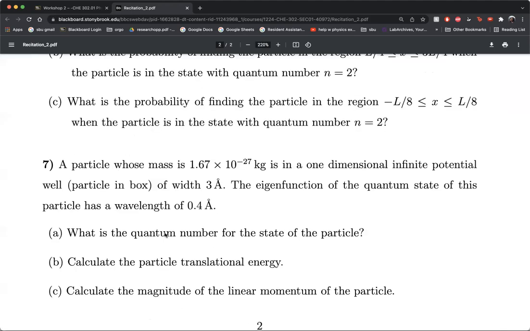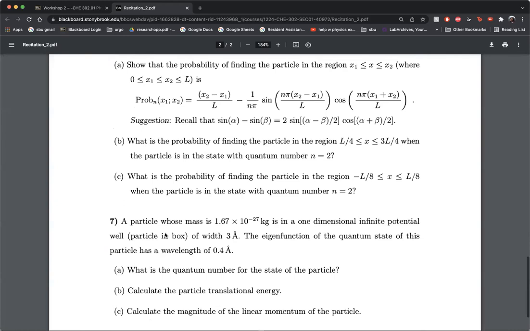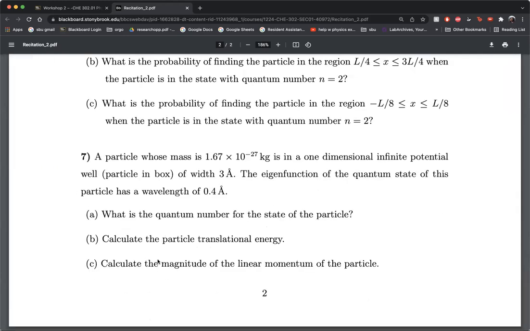What is the quantum number for the state of the particle? I think it's saying, remember the energy level equation? You're supposed to use that, and from that you calculate the wavelength. I think in this problem they use the de Broglie principle.